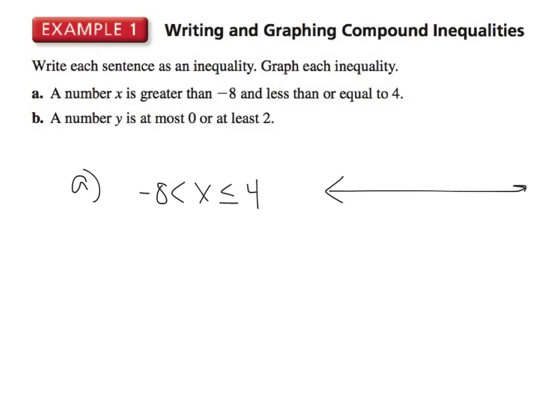If I graph this, that means negative 8 is not a solution, so open circle. Let's count by twos: negative 6, negative 4, negative 2, 0, 2, 4. This can be equal to 4 since it says equal to. And I'd shade in between.